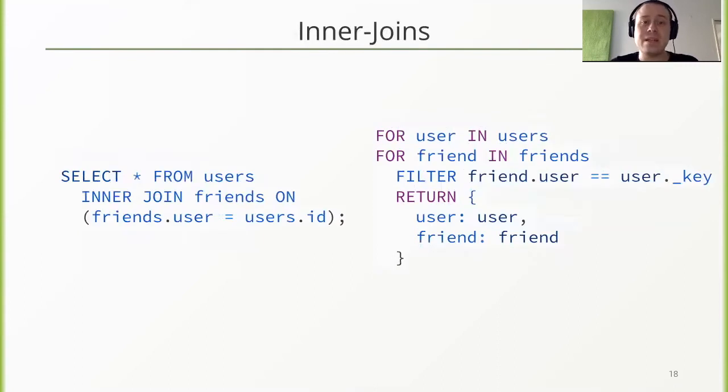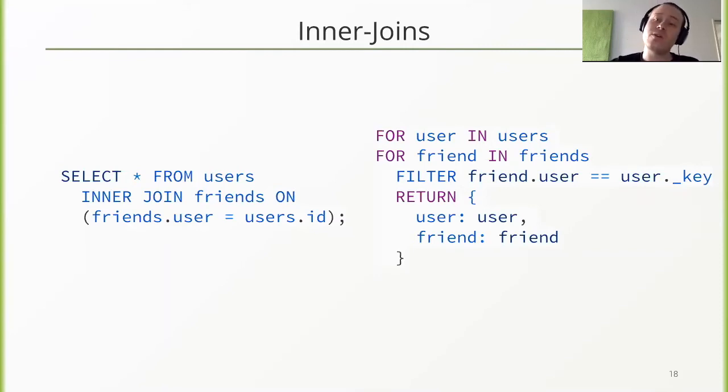I promised that AQL can do joins. So we do not have the join keyword, we have something else. In SQL, you just do select stuff from users inner join friends on certain conditions. In AQL, you just trigger 2 for loops.